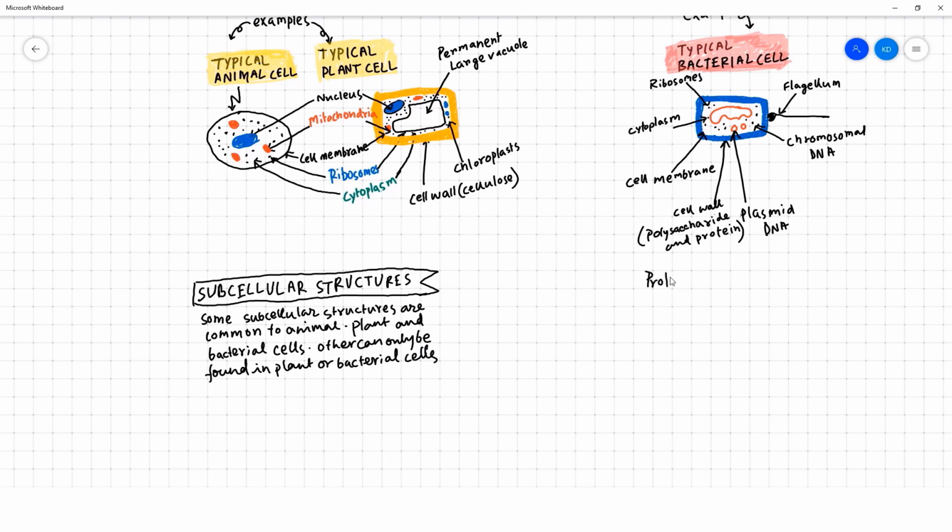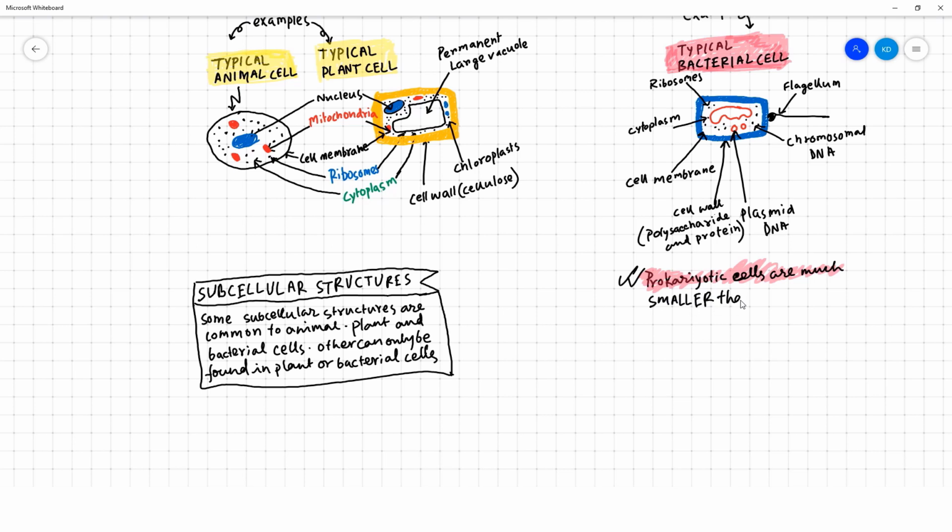So this point is, do you get this point? And prokaryotic cells, I'm just going to color here.